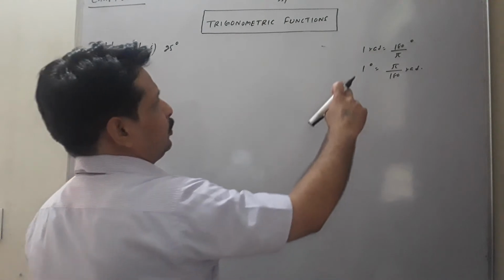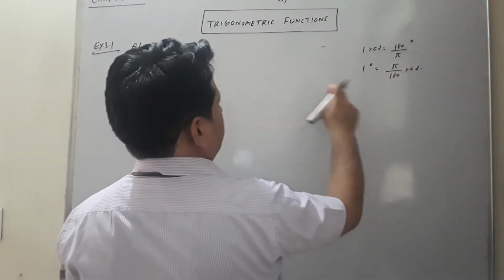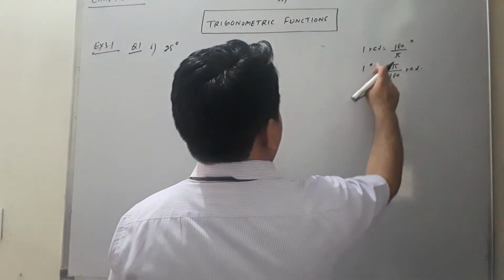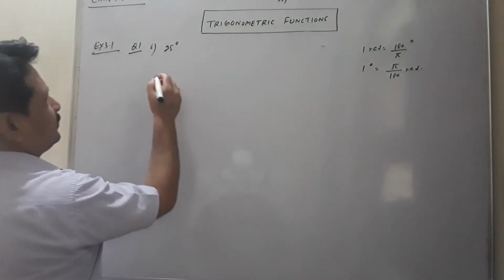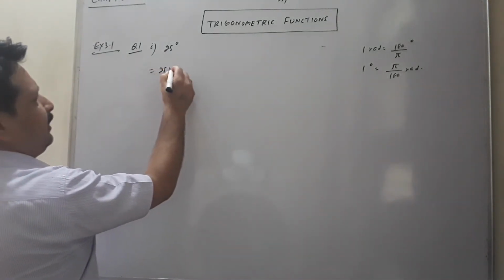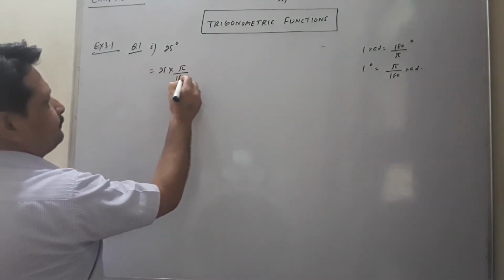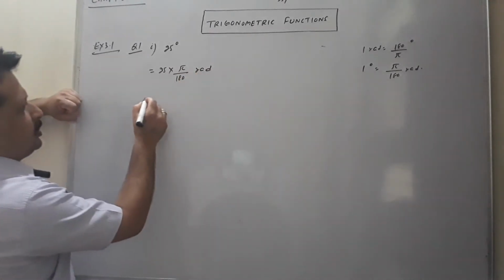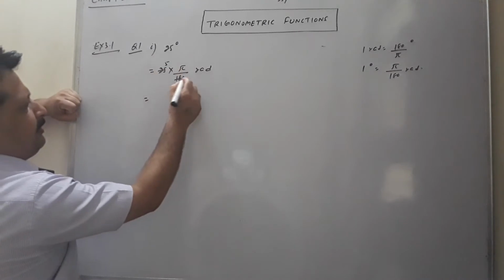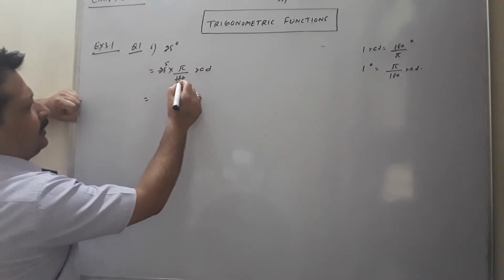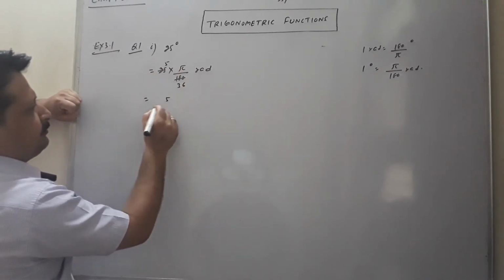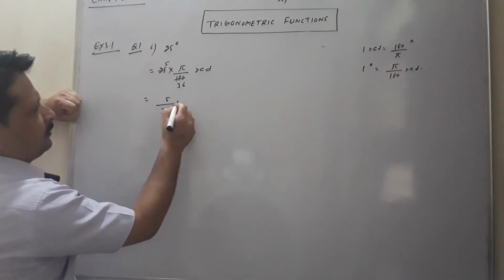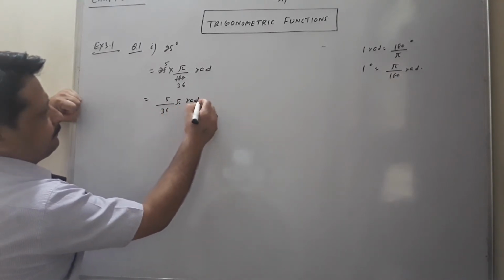I have told you that 1 degree is equal to pi by 180 radian. So it will come as 25 into pi by 180 in the form of radian. So 5 5s are 25, 5 36s are 180, that is 5 by 36 pi radian.